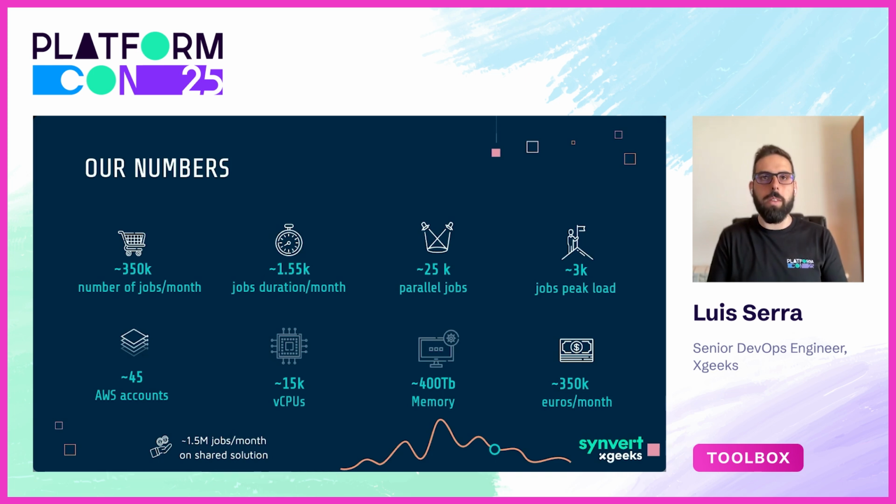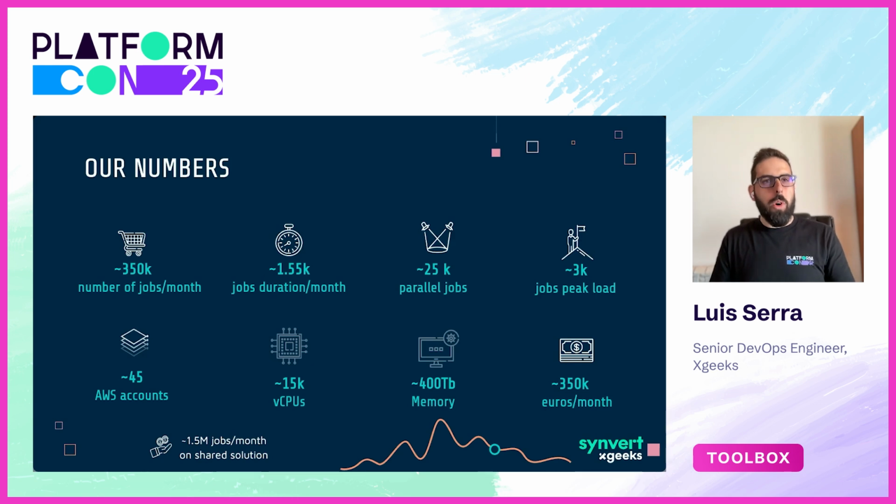Our clients' current configurations can lead up to 25K jobs being executed in parallel. We also have a job load peak of 300K jobs being executed at the same time.